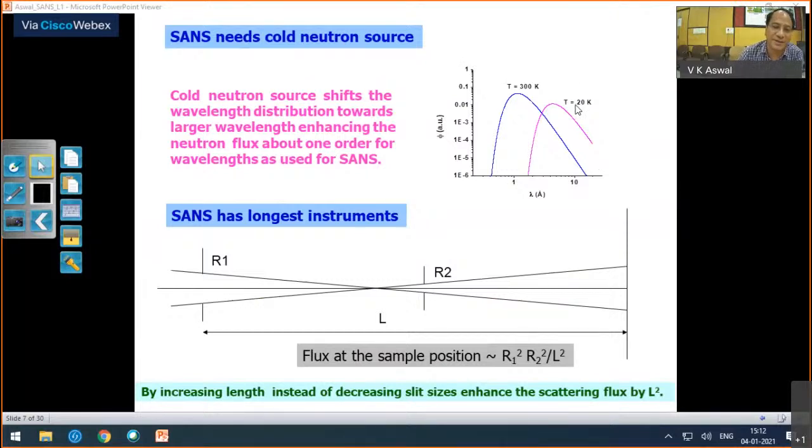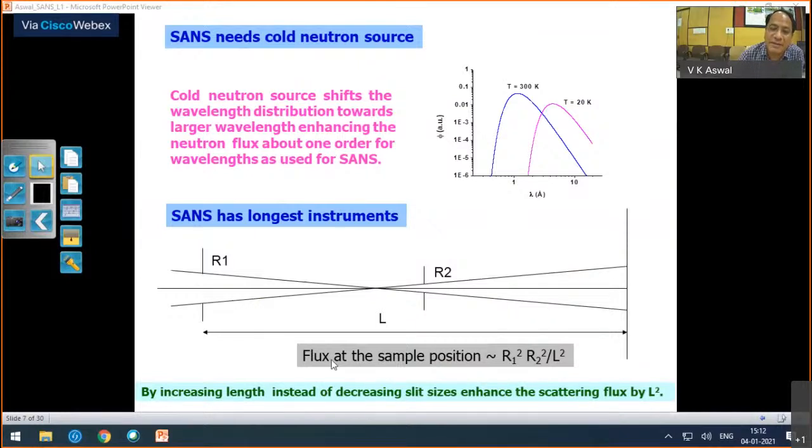where the requirement is to use higher wavelengths. And also when you go and visit neutron facilities, you will see that SANS instruments are the longest instruments. And the reason for that is, what are the ways to go to small angles? Ways to go to small angle is to decrease the slit sizes or increase the collimation length, or the length of the instrument.